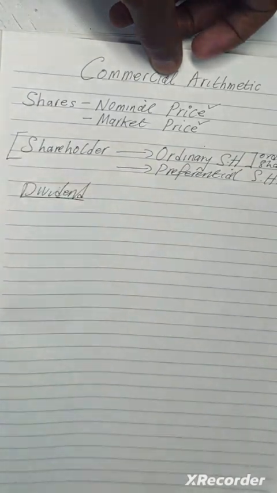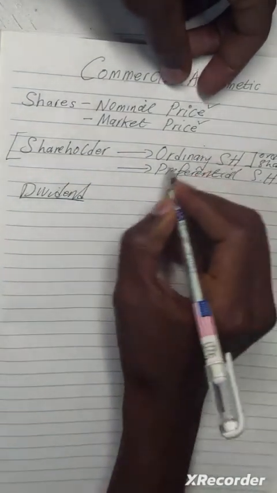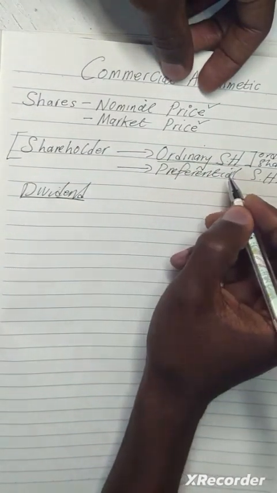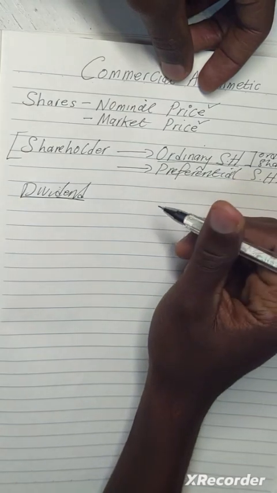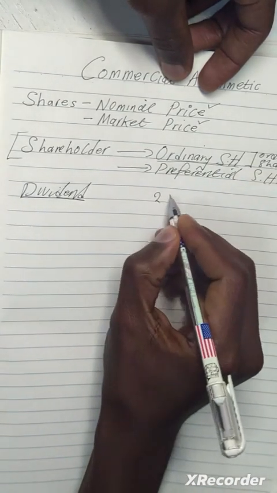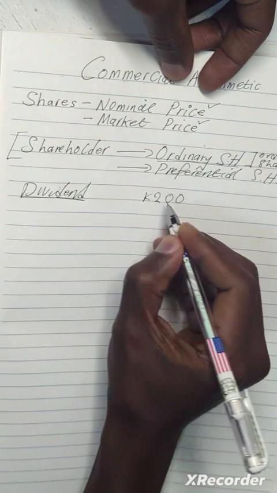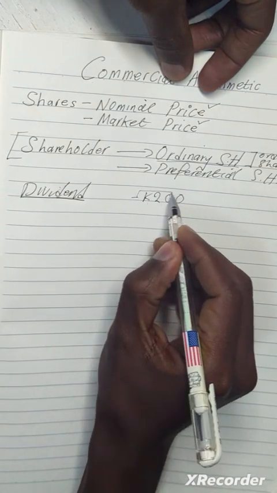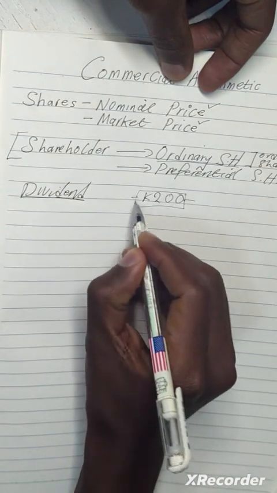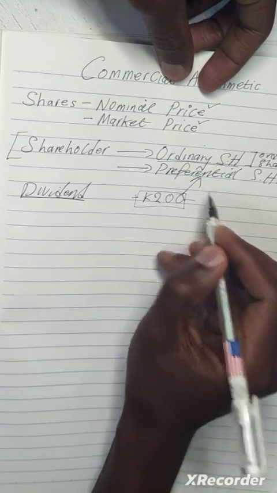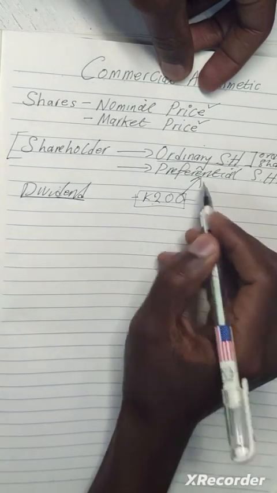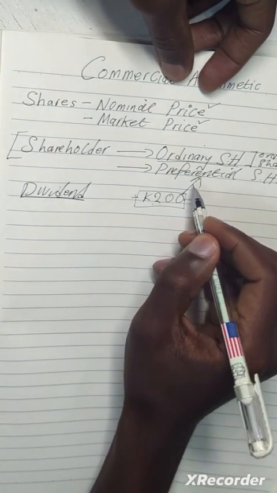Now we go back to the shareholders. Let's say the company makes a profit of 200 kwacha. This profit will first be given to the preferential shareholders.